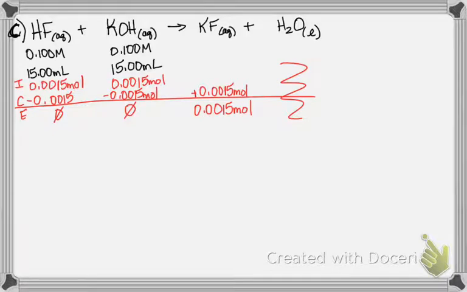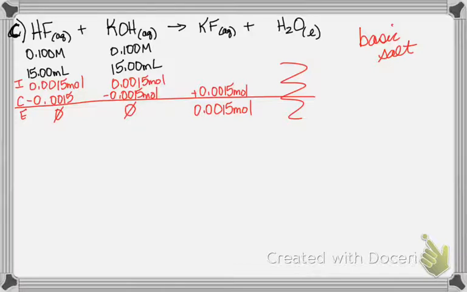But this salt is the salt from a weak acid and a strong base. That means, we talked about it at the beginning of this problem, this is a basic salt. Why is it a basic salt? It's not the potassium that makes it basic, it's the fluoride that makes it basic.